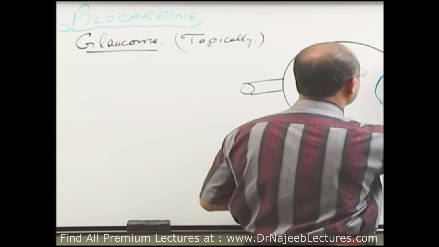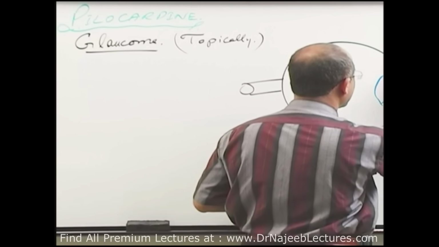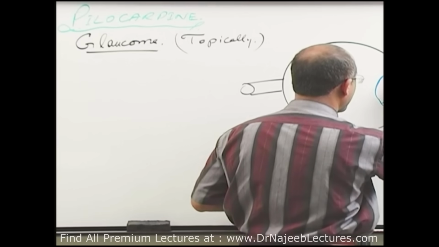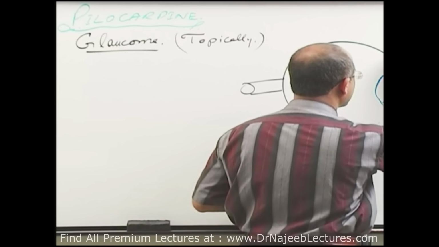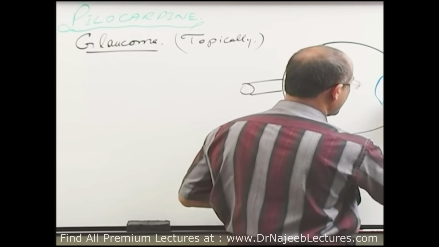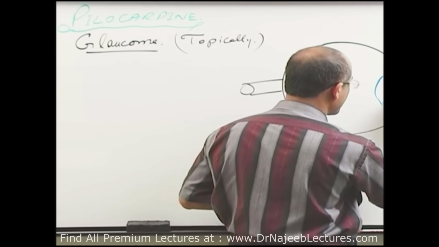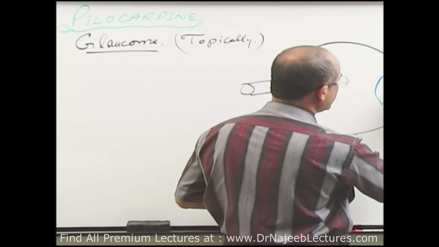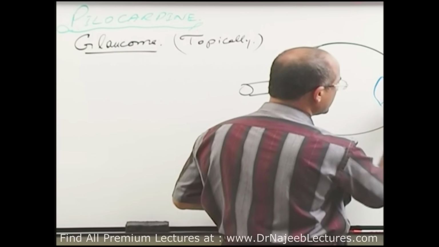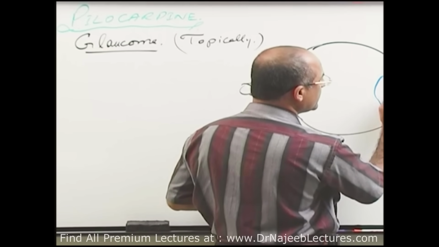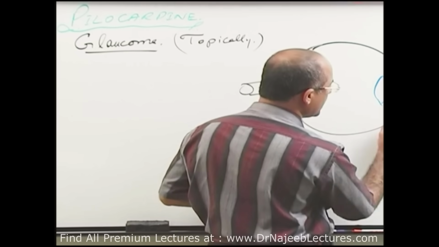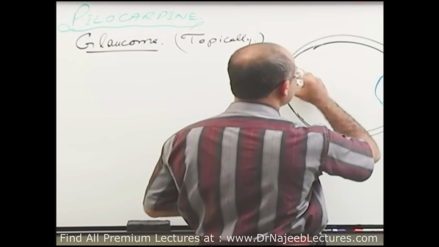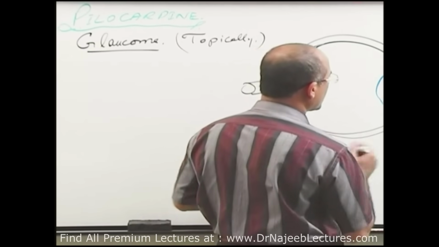Here is your iris, right? And here is what? The pupil. This is the pupil, and there is iris here. Now this is the cornea. This is the sclera. Here is the cornea.